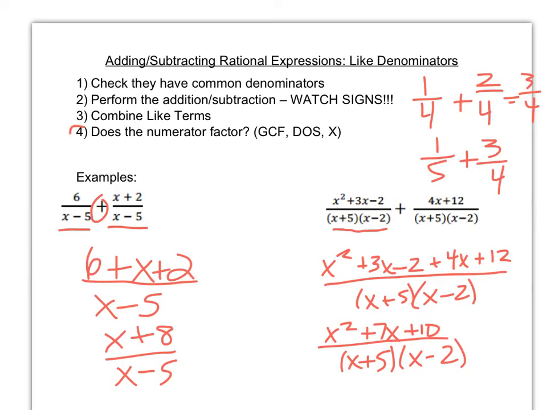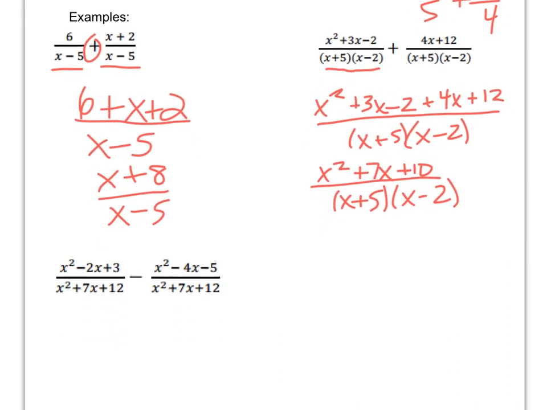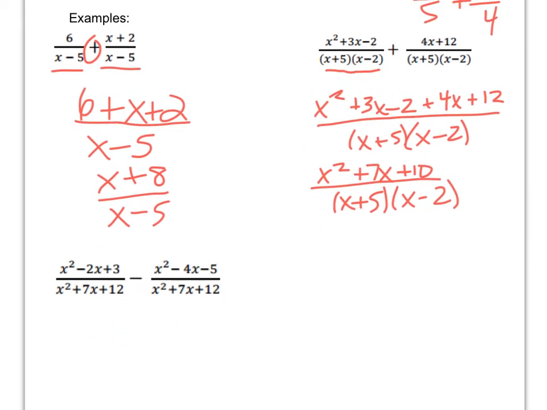The last step is really important, which is, does the numerator factor? My first problem, it didn't, so I could just stop the problem. But in this problem, my numerator does factor. I know that it factors because if I check with the x, do I have two things that multiply to 10 and add to 7? Yep, 5 and 2.